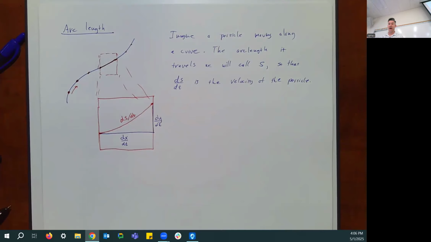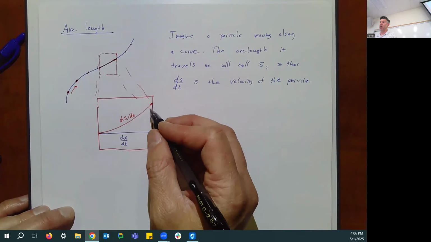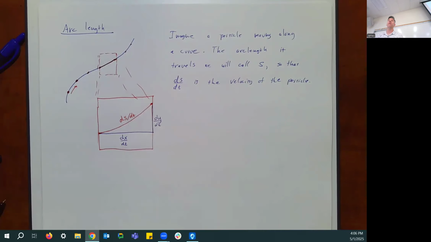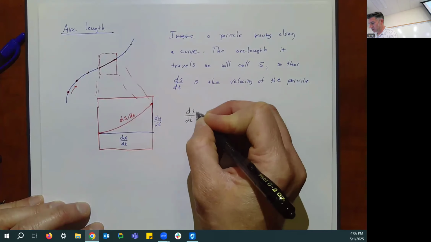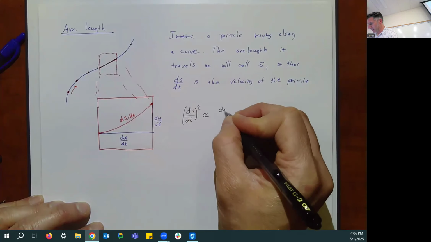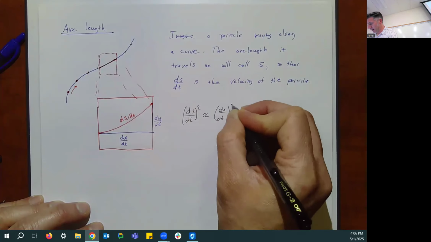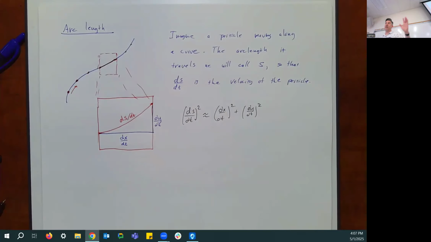And we could use the Pythagorean theorem to say, well, essentially, this third side, although it's not actually the hypotenuse of that triangle, it's close enough, right? It's approximately dx/dt squared plus dy/dt squared. And if you make it small enough, it's close enough.